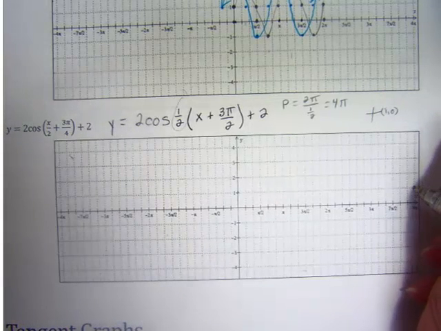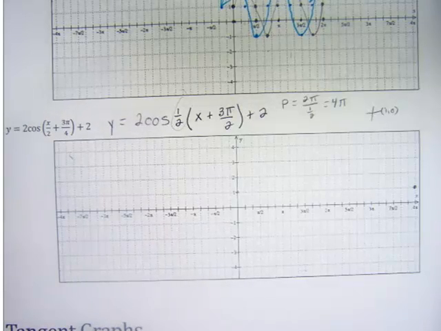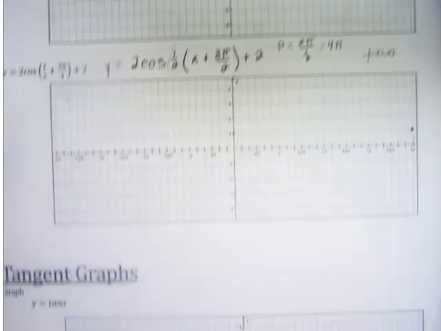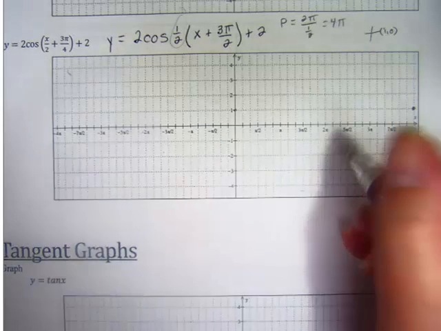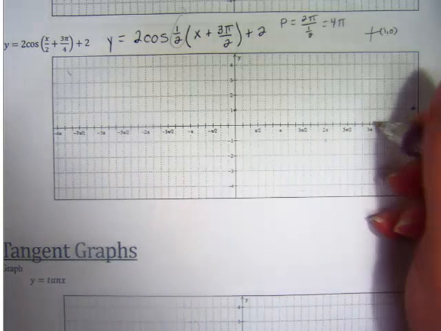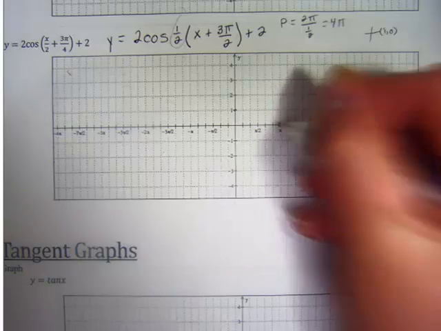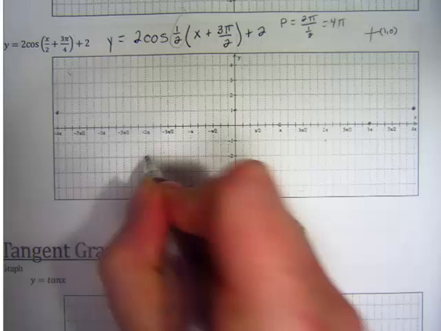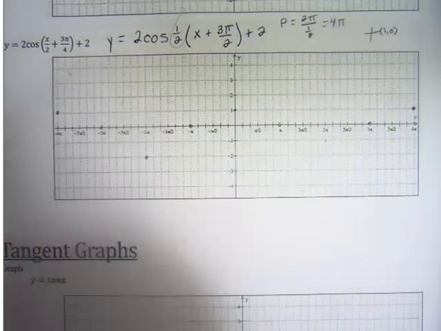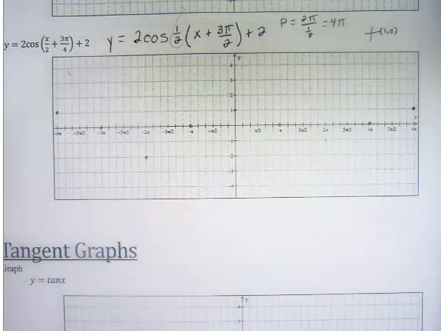So max at 1 and 4 pi is also at 1. Sorry, it's so light. There we go. And then halfway between at 2 pi, it's down at negative 1, and halfways are my zeros. I can also do this in the negative direction. And I have 2 complete cycles.